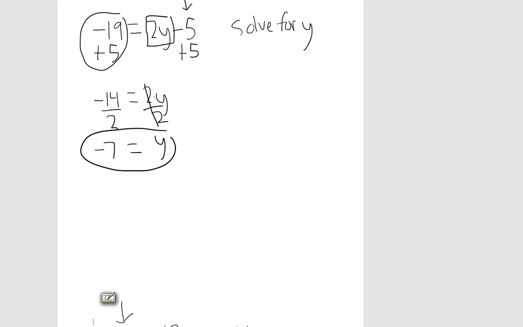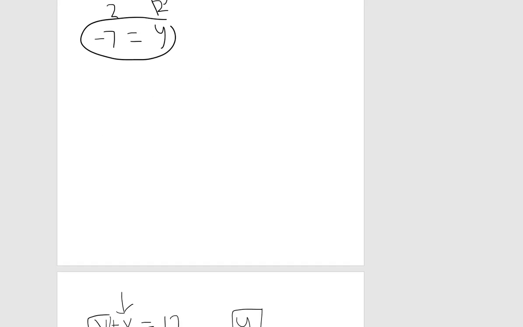Let's say that you have the equation p is equal to a plus b subtract 1, and you are asked to solve for a. As we look at this equation here, we can see that the a is on the right side of our equal sign.